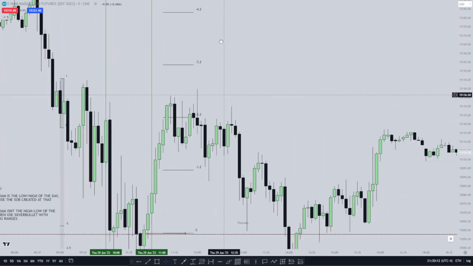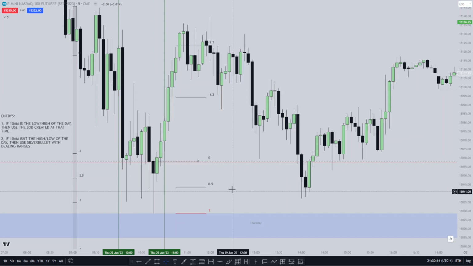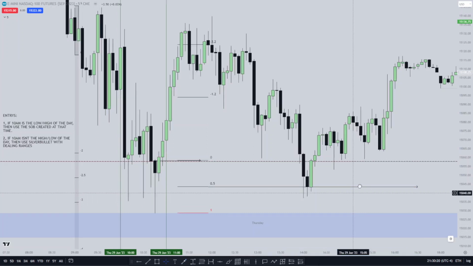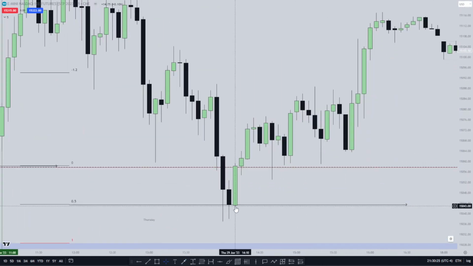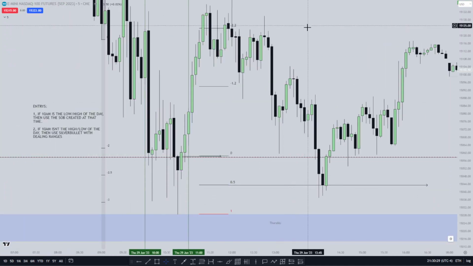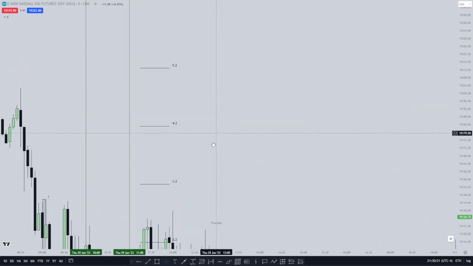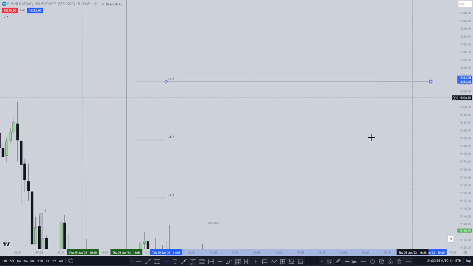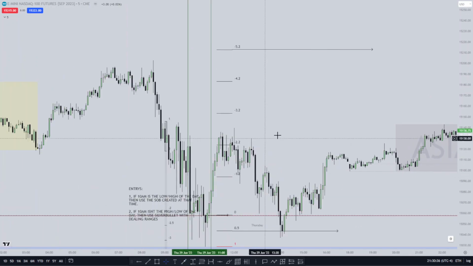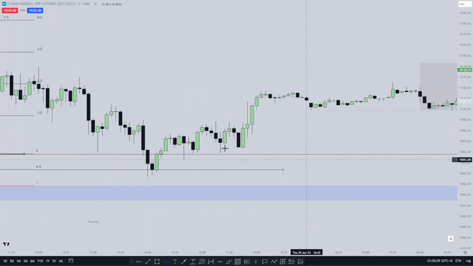So price came down and gave another entry. Look at that on the 0.5. Look at how the bodies were respected on our 0.5. You enter right here, your stop loss, your exits would be here. So meaning you have 2 entries, right?